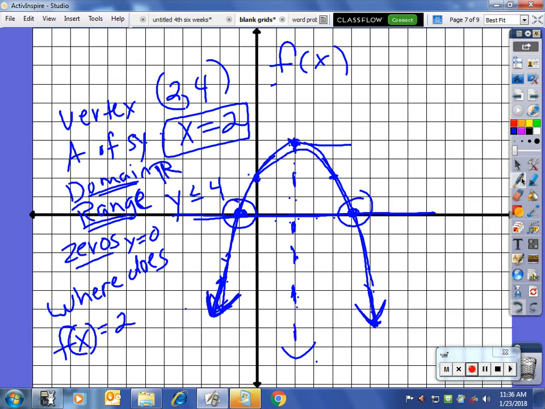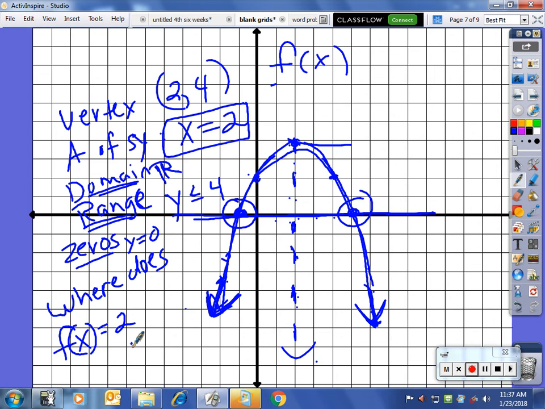All right, now, here is where I'm still getting mistakes as well. Where does this function equal 2? I am giving you a y value. Look up here and tell me if you can find out where this function equals 2. I need numbers. 0 and 4.